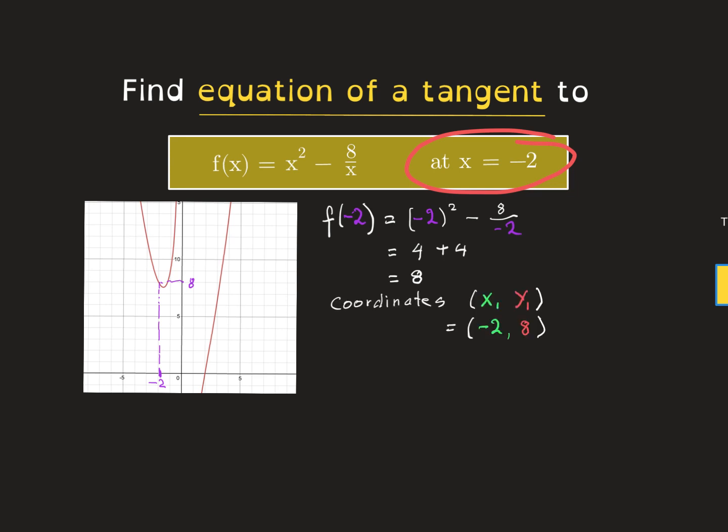Now the next thing that you need to know is the gradient. To be able to find the equation of a tangent, we need a gradient, or some people call it the slope. We will have to do this by differentiating the above function. So we'll write this function again.